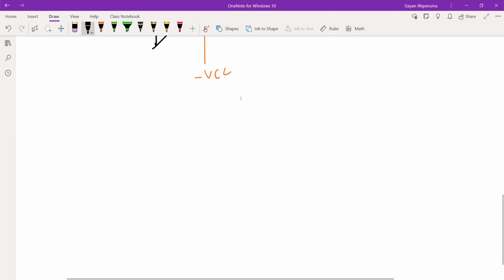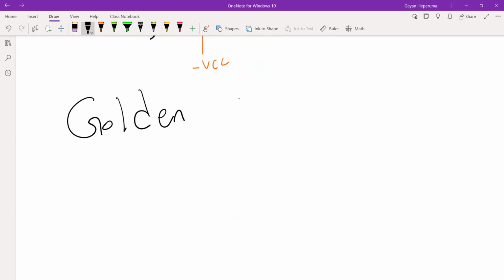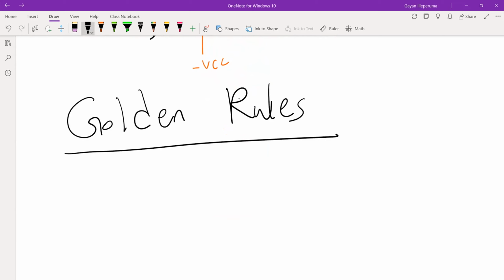Now I'm going to ask you a question. What are the golden rules of the op-amp? Okay, writing it in gold is not going to work. What are the golden rules in op-amp?